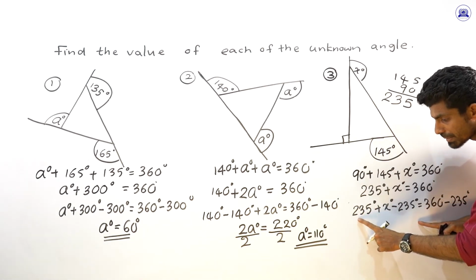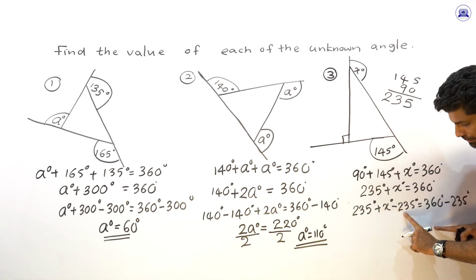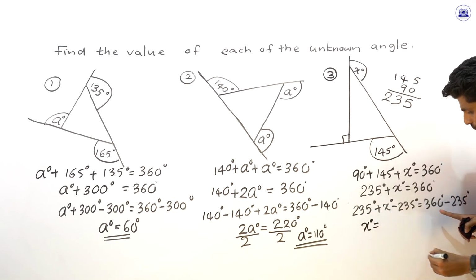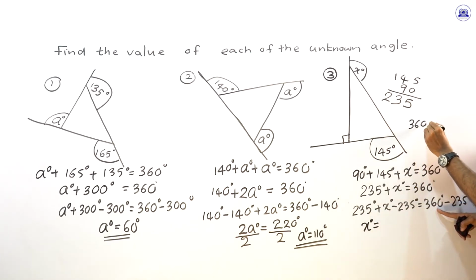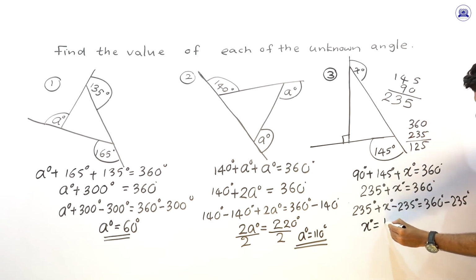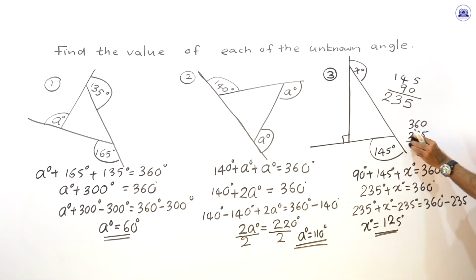Because you need to remove that part now. 235 minus 235 is cancelled out. So x equals 360 minus 235, which is 125. X equals 125.